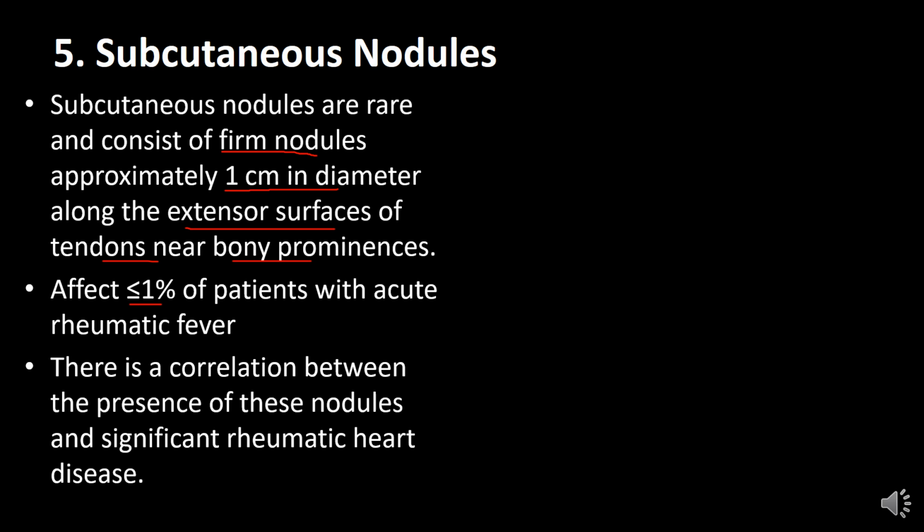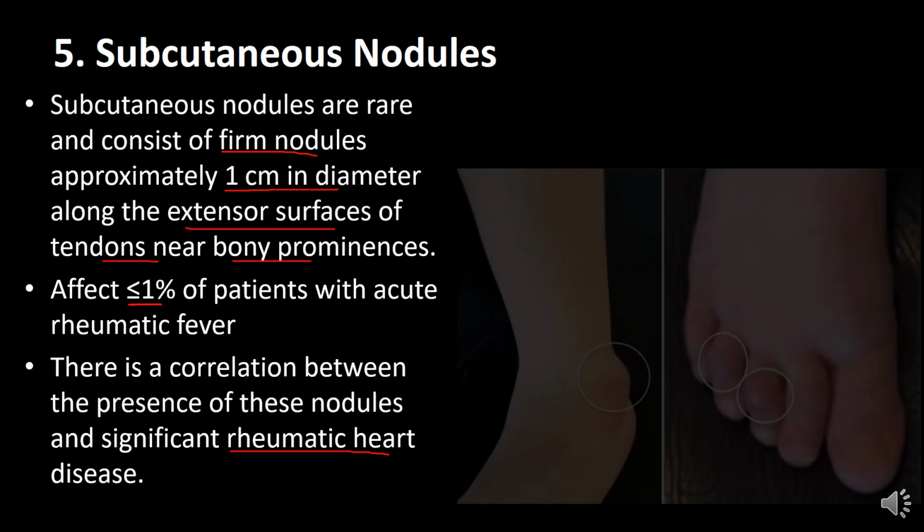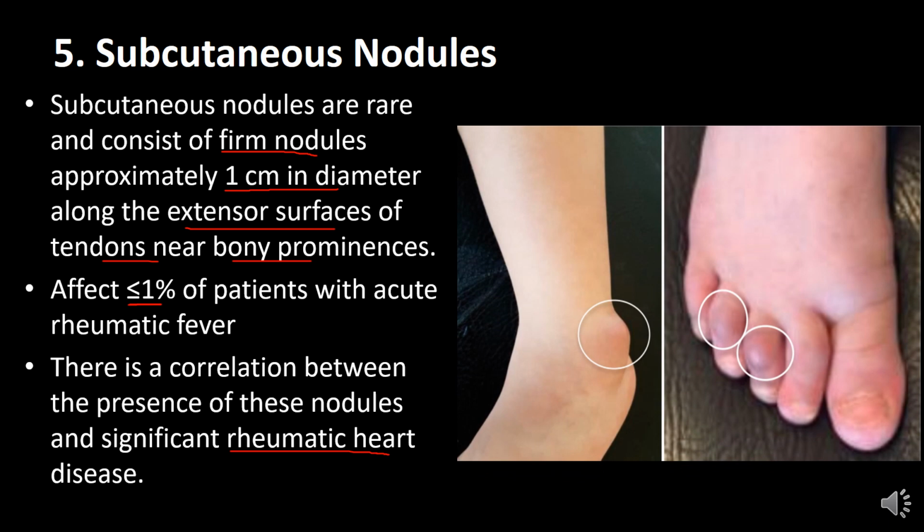It means of the few that will get subcutaneous nodules, majority will end up with rheumatic heart disease. So while it is rare, its presence denotes a not so good outcome. And that is how subcutaneous nodules look like. You can see it here. And you can also see here.